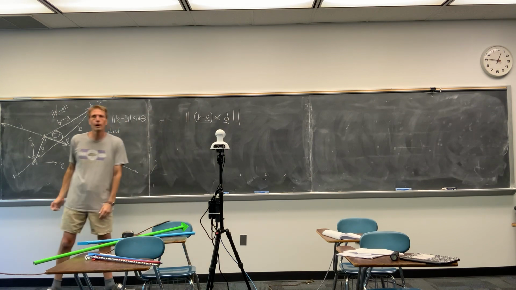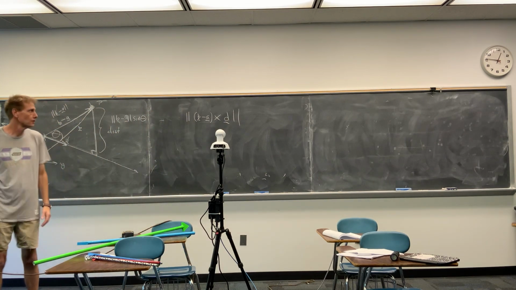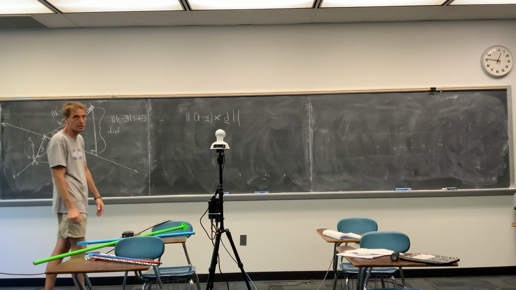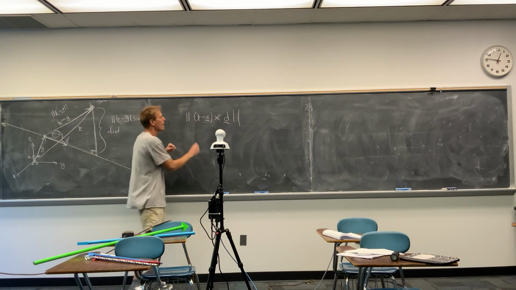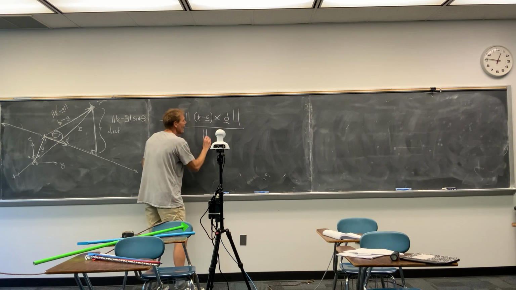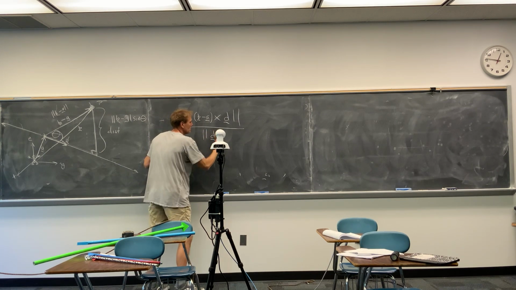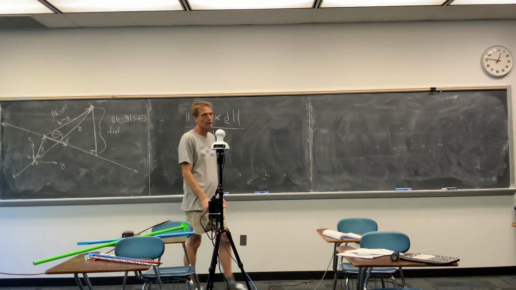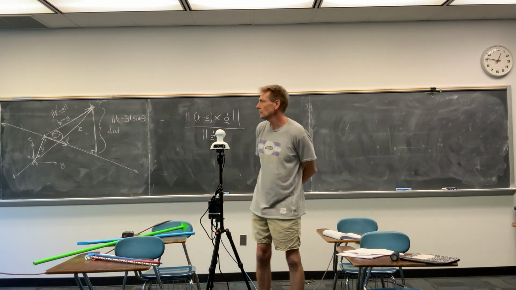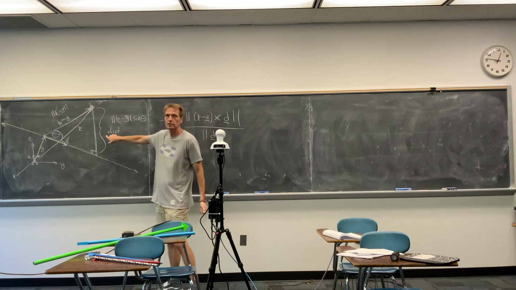If you take B minus A, cross it with D, take the norm, and divide it by the norm of D, you'll end up exactly with this distance.